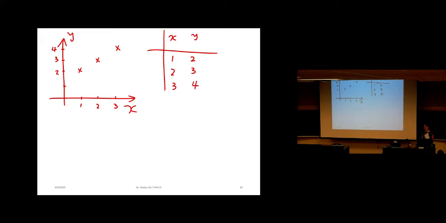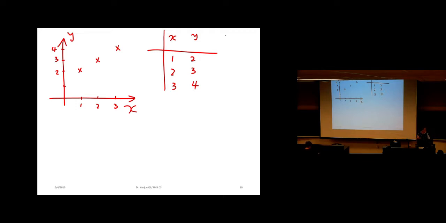I'm trying to figure out the best line to map the x to the y. And this is actually super easy. You can just eyeball it. Just eyeball the best line that can predict all 3 points very nicely.